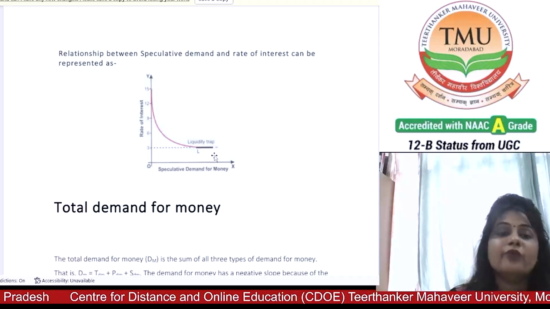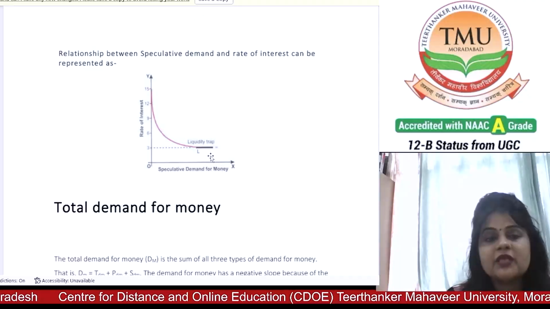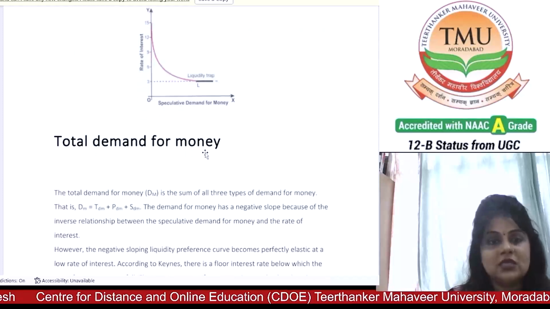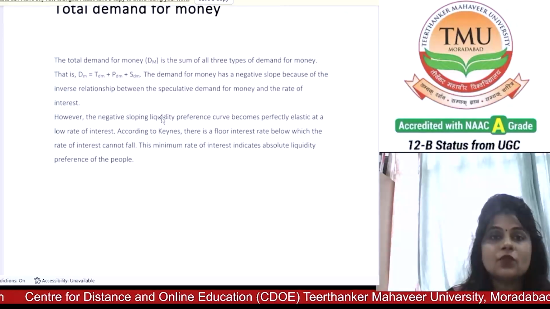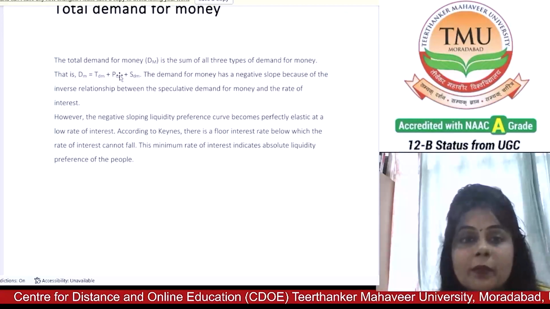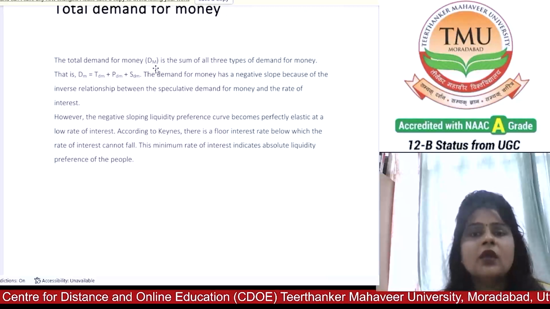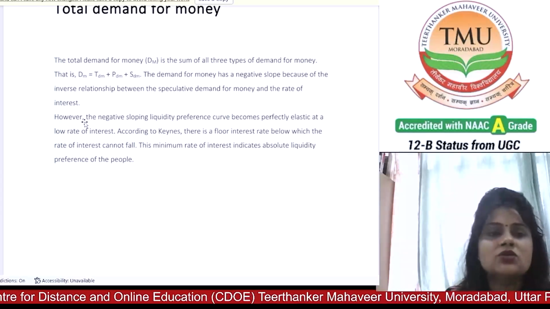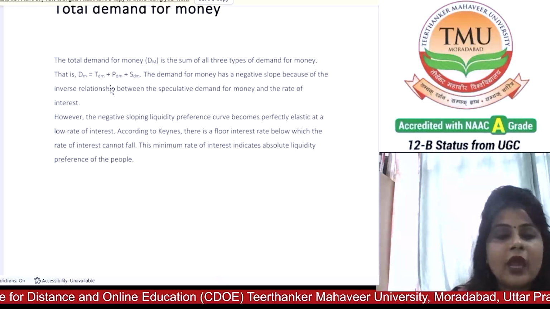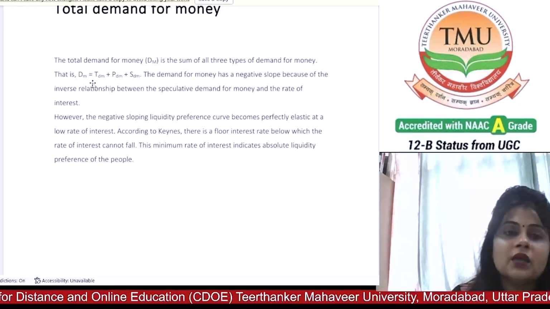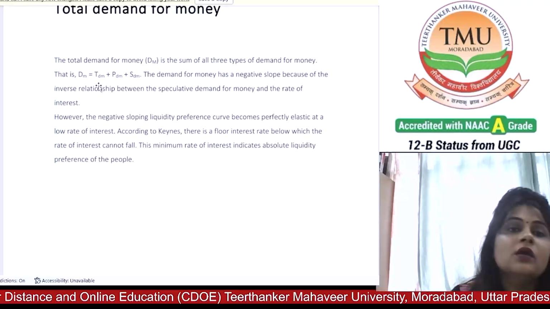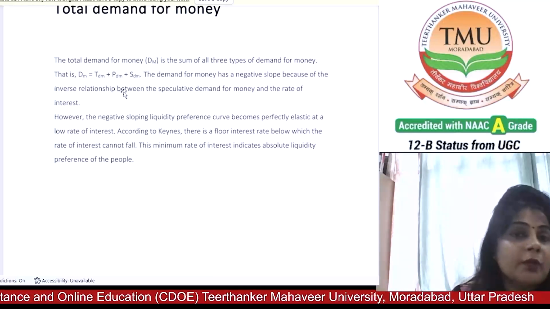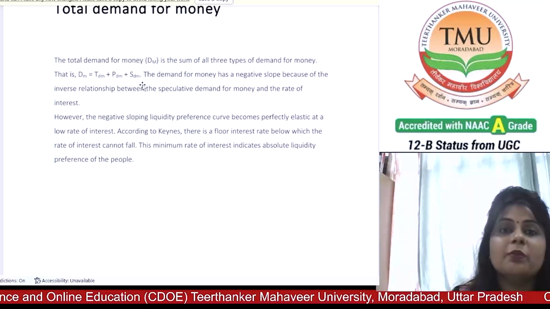The total liquidity preference function is expressed as M is equal to L(Y, r). So total demand for money, DM, is the sum of all three types of money: M is equal to TDM, that is transaction demand for money, plus precautionary demand for money, plus speculative demand for money.